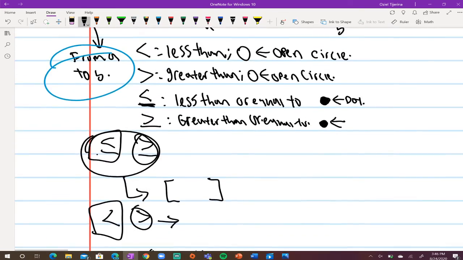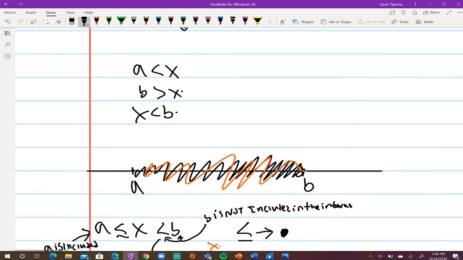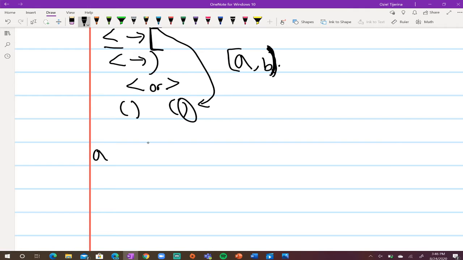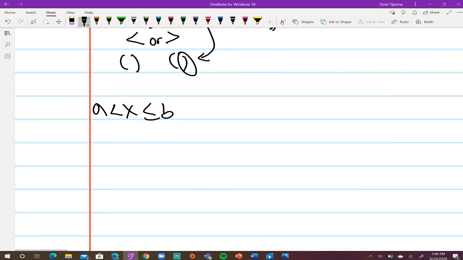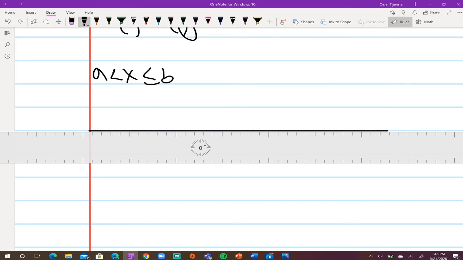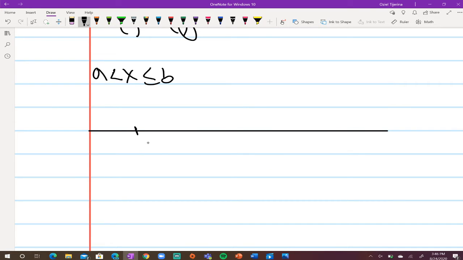Another one that I want to show you guys: A is less than X is less than or equal to B. So again, you have A, and then you have B. Looking at this, it's less than, so that tells you it's going to be an open circle.